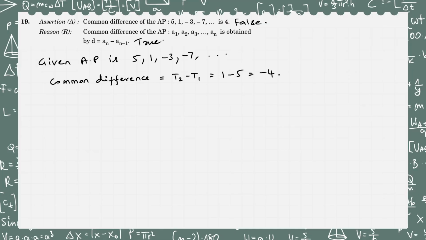Okay, so what is the conclusion here? The assertion is false and the reason is true. So when this situation comes, which option will we choose? Option D, right? So we have to choose option D as the answer. Now let us move on to the next sum.